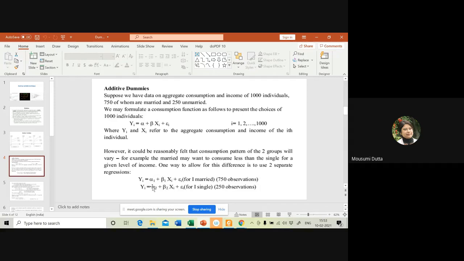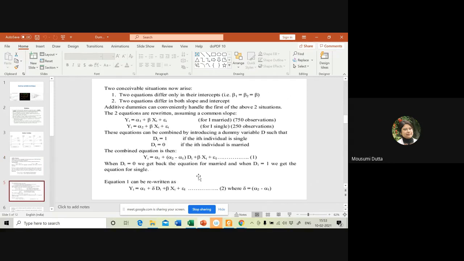However, the starting point is changing, that is, the intercept will vary, however beta will not vary. Another possibility is both the intercept as well as the slope will vary. That is, for the married and unmarried, the starting point as well as MPC, both will vary.